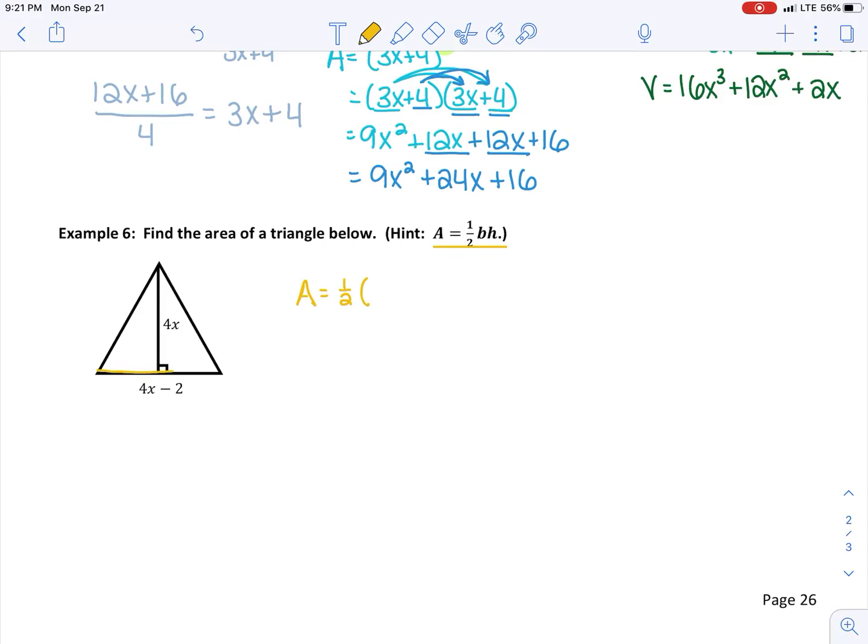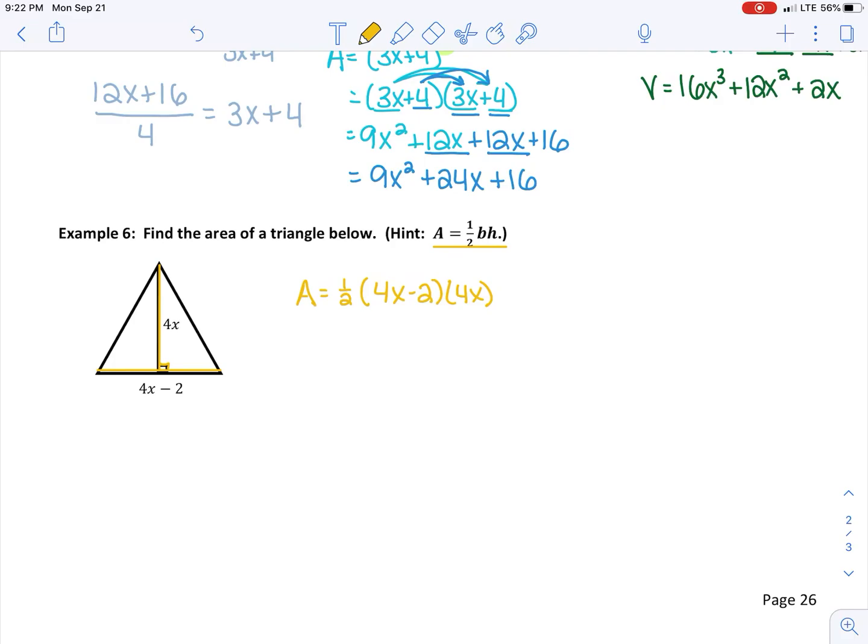And then the base, we have the base of our triangle down here. That's the bottom of our triangle. So our base is 4x minus 2. And then the height is what we call perpendicular. That is whenever you have that 90-degree little box here telling me that it's perpendicular. So the height is going to be 4x.